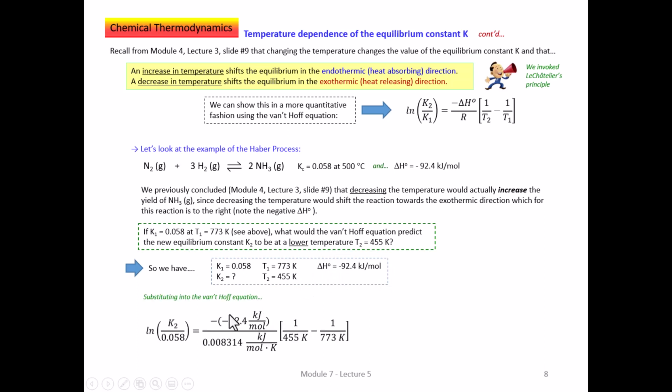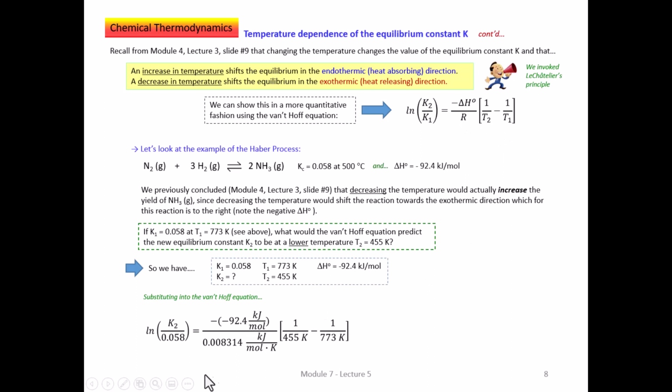If we substitute these numbers into the Van Hoff equation, it would look like this. So our known K is K1, it's down here. Our unknown K is K2. And we put in minus 92.4 for delta H, so we'd have minus a minus 92.4.